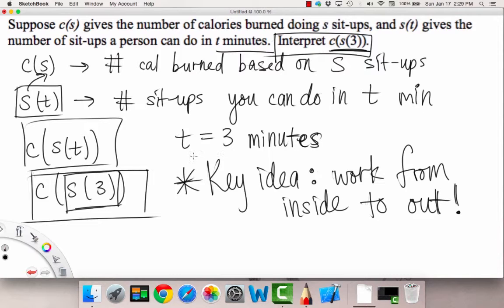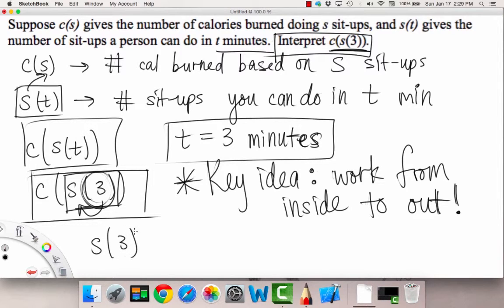Okay, so I started on the innermost, right? The innermost parentheses was the 3. Okay, so I figured out what T was. T is equal to 3. Okay, and then we work the next thing, or the next outer thing, I guess you could say. So then that would be looking at the S, right? What does S of 3 mean? So let's look at that.